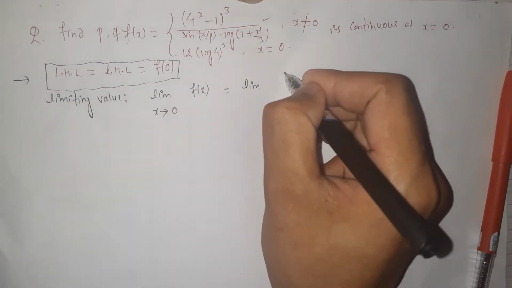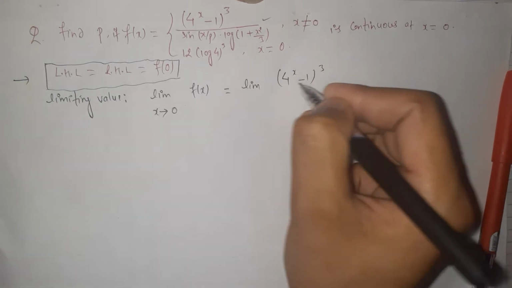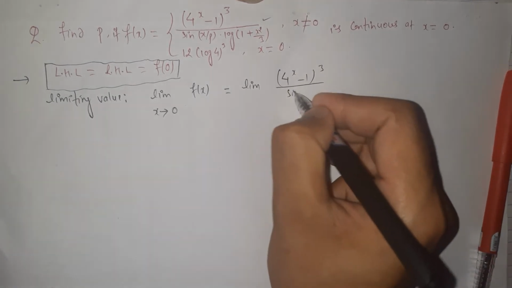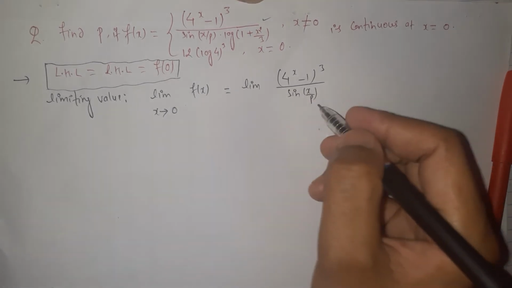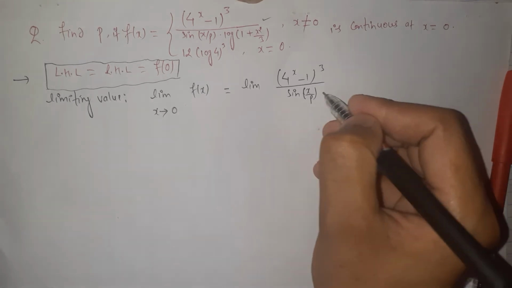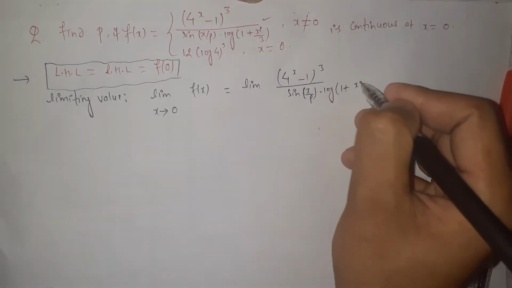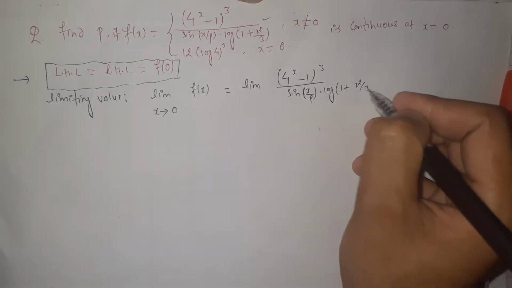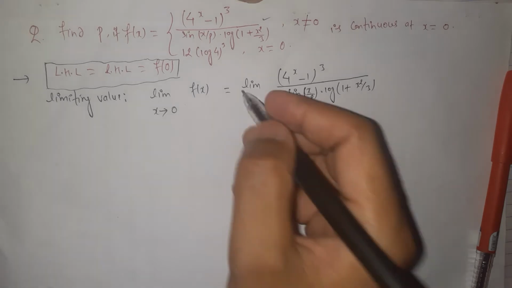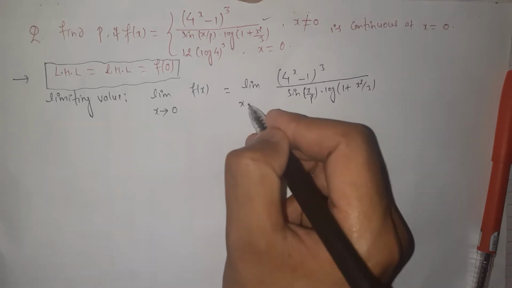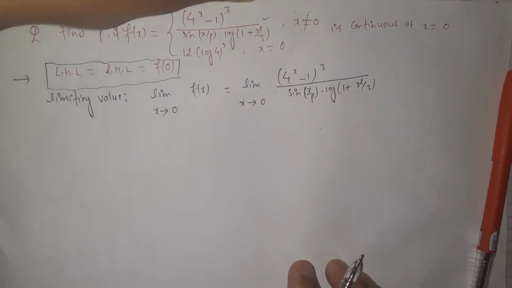The function is (4 to the power x minus 1) whole cube over sine x over p times log of 1 plus x square over 3, and the limit is x tends to 0.